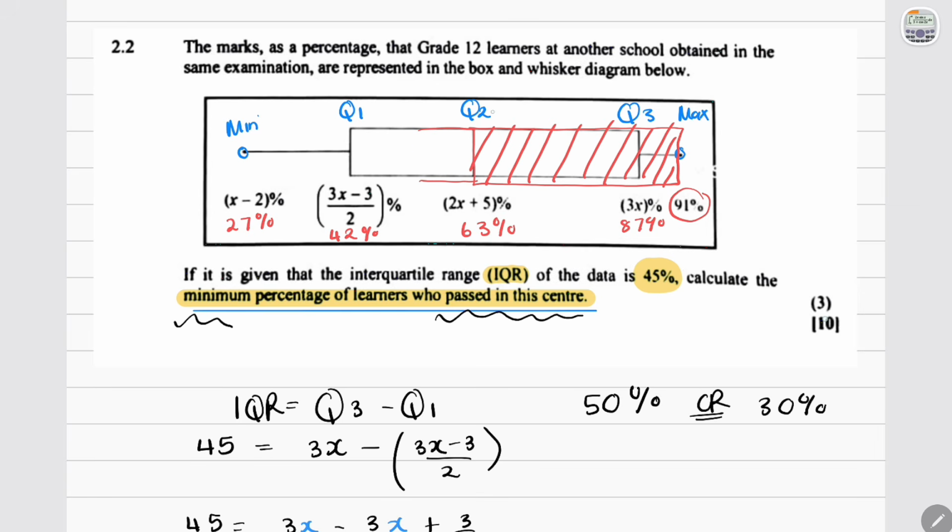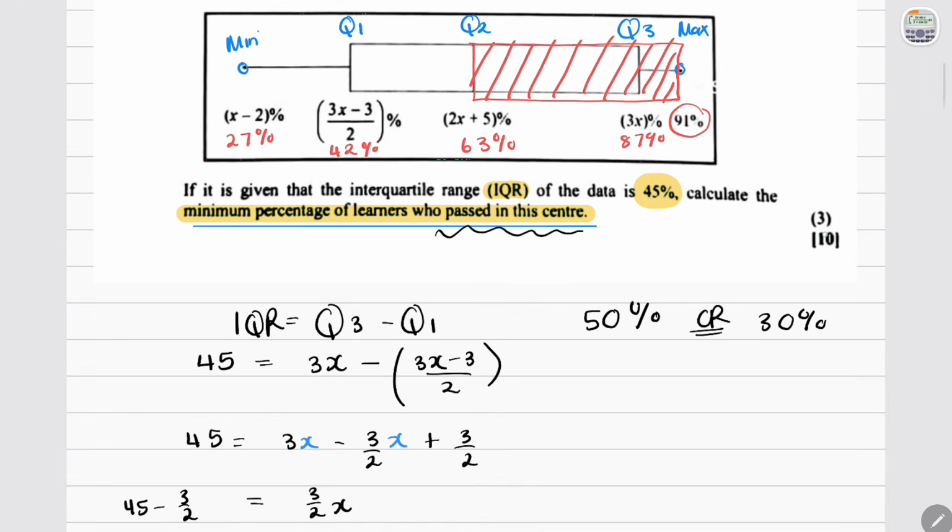We can't really see them since Q2 was already just marked at 63%. The lowest percentage of learners that we would have to consider is this 50%, because we can tell for sure that 50% of them definitely got higher than 63%, as we can see. So 50% of the learners would have passed this exam.